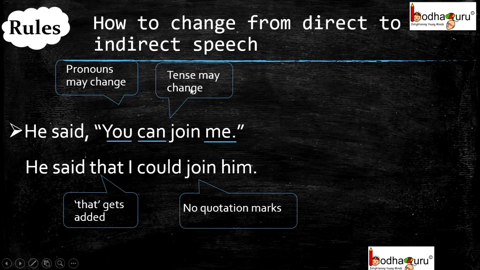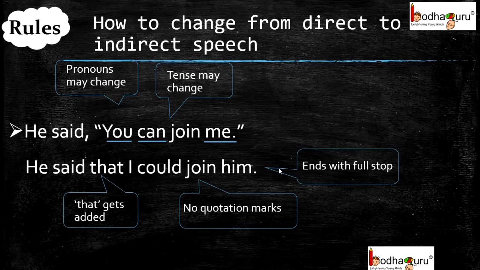Also, the tense of the spoken words gets changed. And lastly, whichever type of sentence was there in the direct speech, whether it was interrogative sentence or imperative sentence or exclamatory sentence, it always ends with full stop in the case of indirect speech.